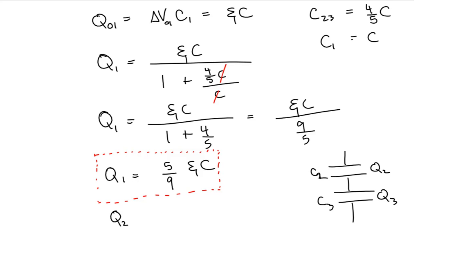We know that because these capacitors are in series, the equivalent charge on the equivalent capacitor 2,3 is equivalent to the charge on each of the capacitors that make up that equivalent capacitor.